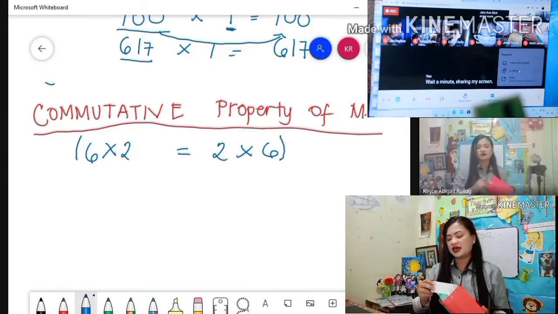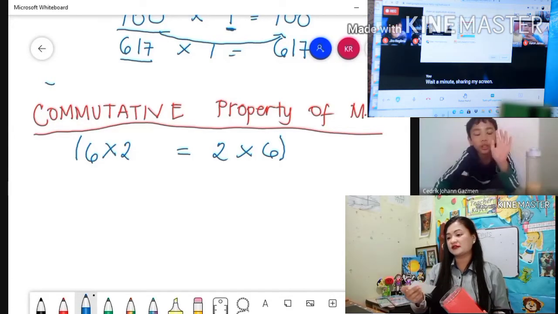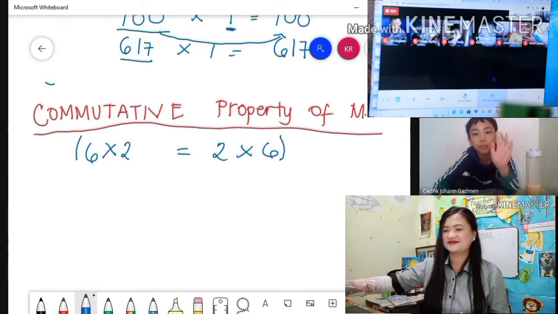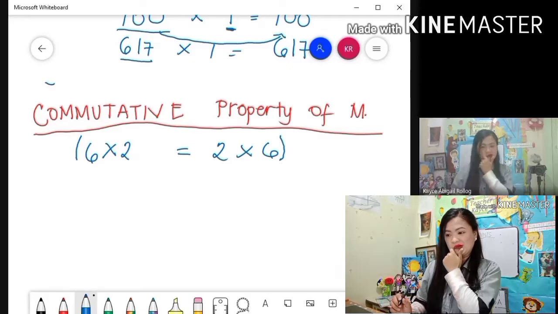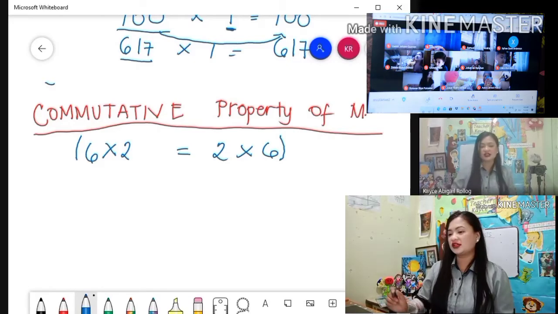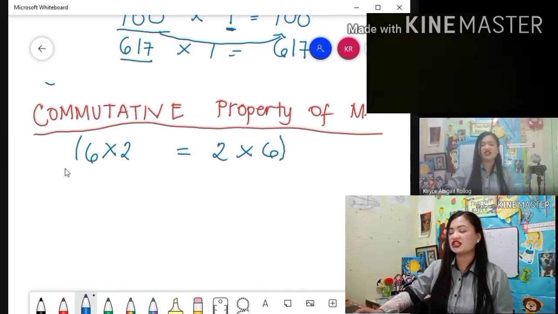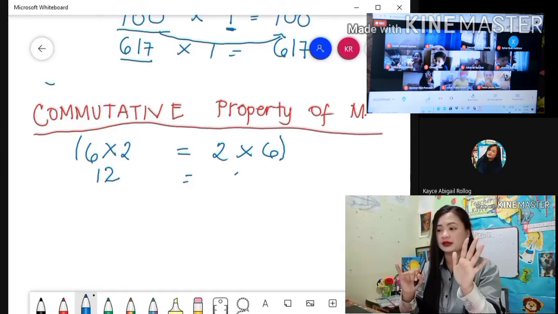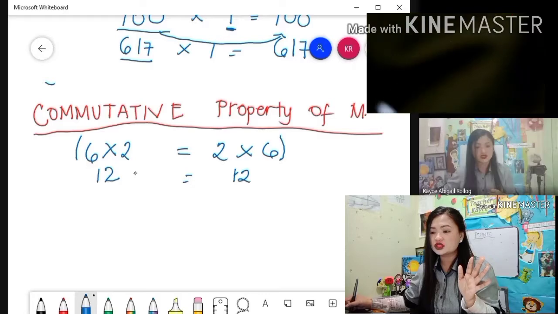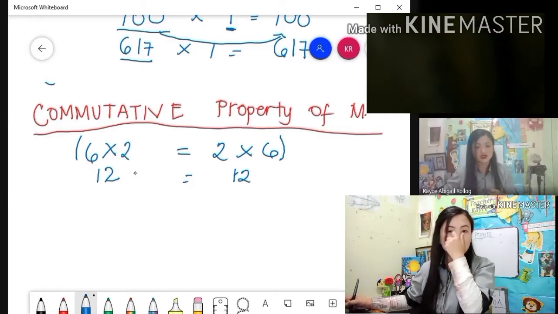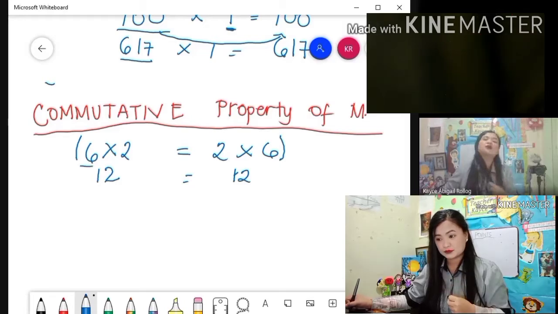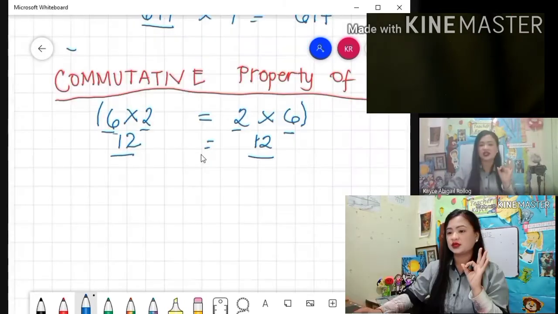Anyone? Let's have Johan Thierry. Even though you change the factors, the answer will still be the same. Very good. Even if you change the factors, 6 multiplied by 2, the answer is 12. Now you have also 2 multiplied by 6, the answer is? Okay, you got 12. Okay, clear.